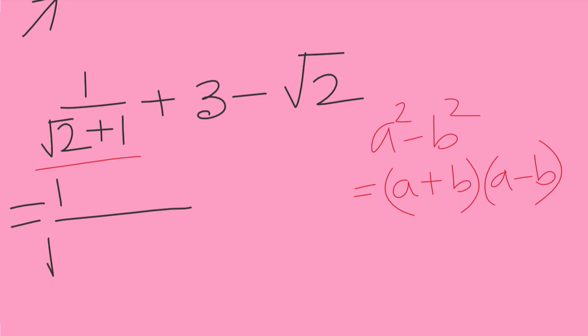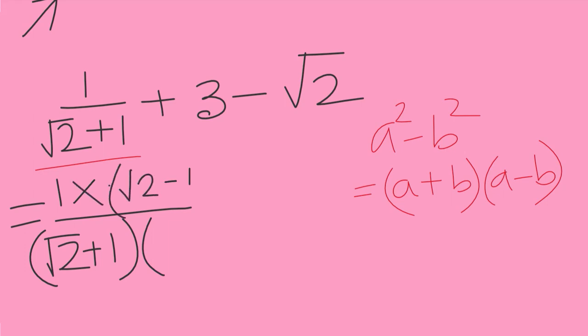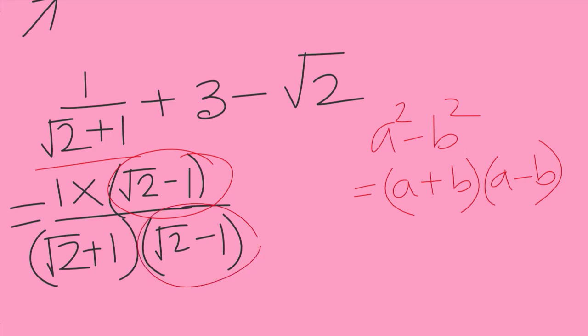Since the denominator contains more than one term, we give a bracket and then multiply by root 2 minus 1, the same number, to the numerator and also to the denominator.